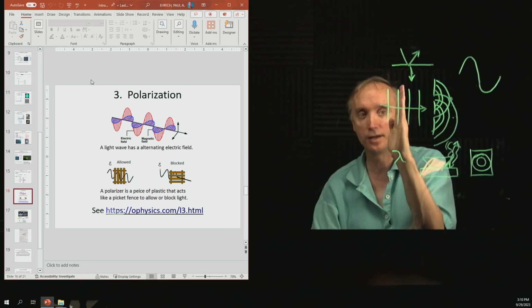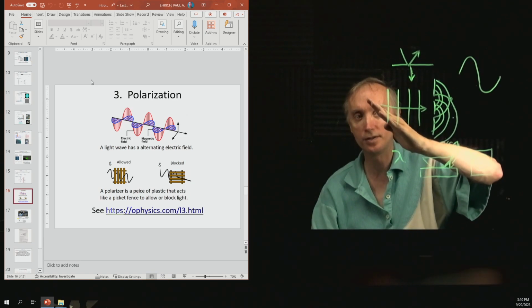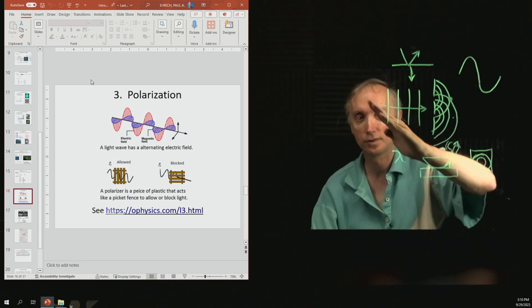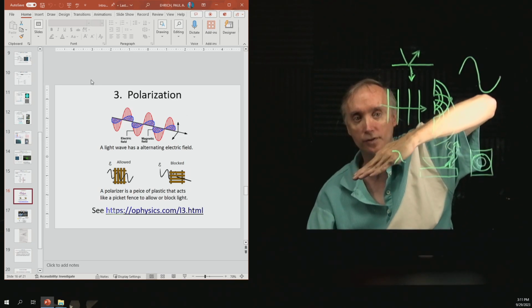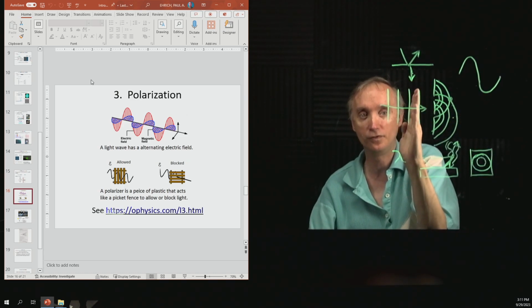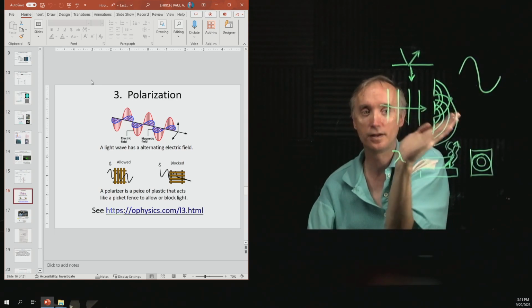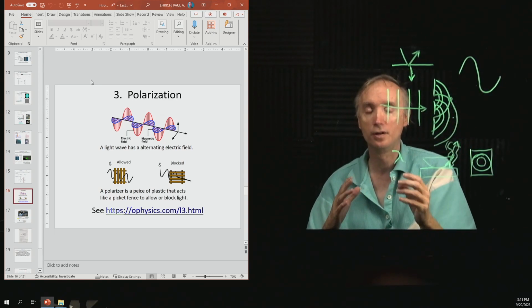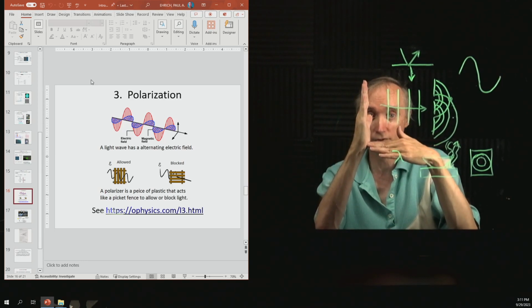That means some of the light is like this, that's the electric field, but some of the light's like this. And some of the electric field is like this, and some of the electric field's like this. So the orientation of the electric field can be basically in any direction that it wants. That's called unpolarized light.